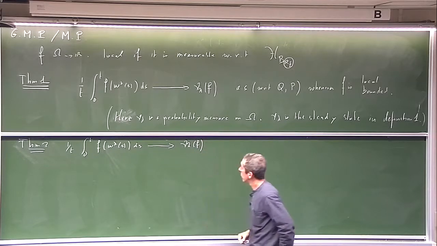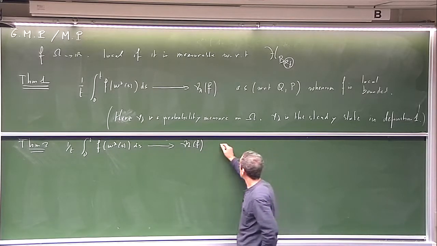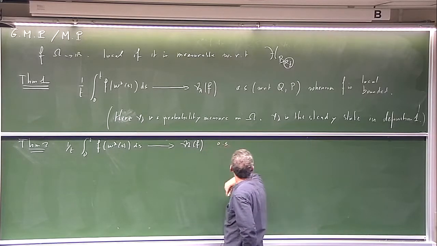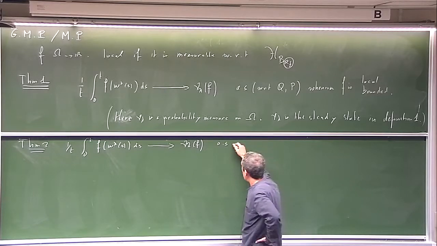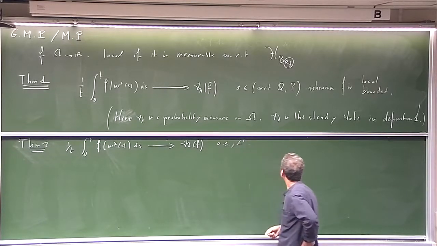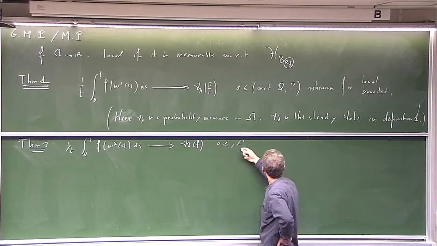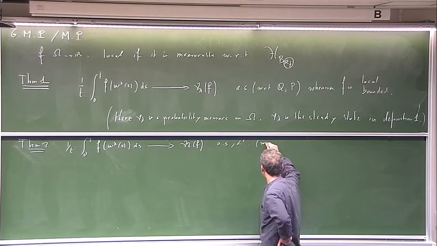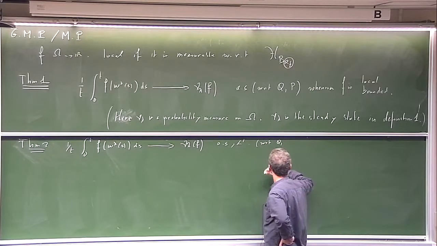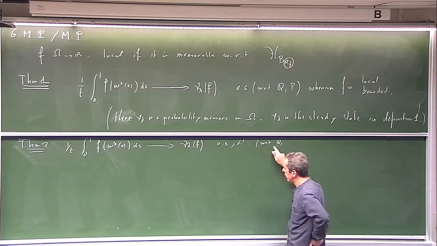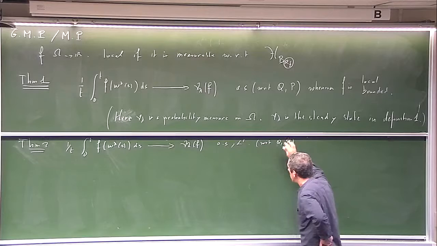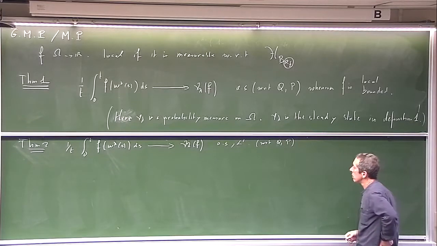So nu lambda of f for the limit. This is also an almost sure convergence, or L1, as you want. But anyway, it's almost sure with respect to Q. And maybe almost sure L1 with respect to P, that doesn't matter.